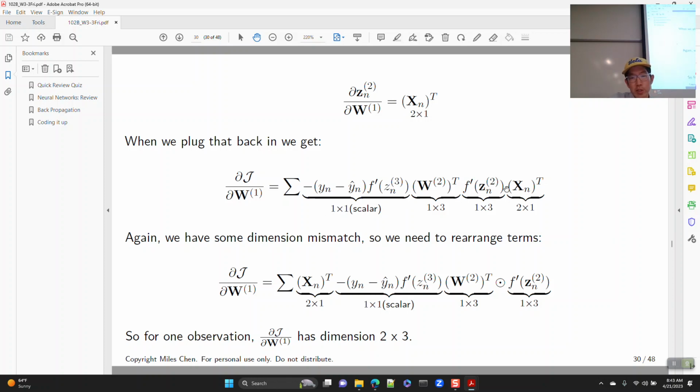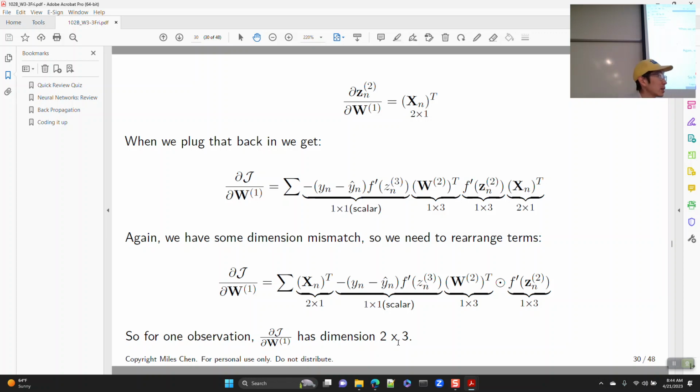So what I can actually do is rearrange this. I'm going to bring this to the front. So here I've got this 2 by 1 multiplied by all of this. All of this combines to a 1 by 3. And if we keep track of our dimensions, the result is going to be a 2 by 3, which is what I want.